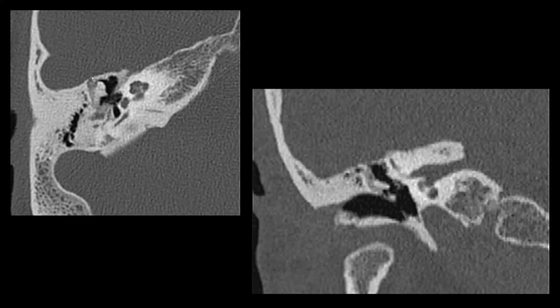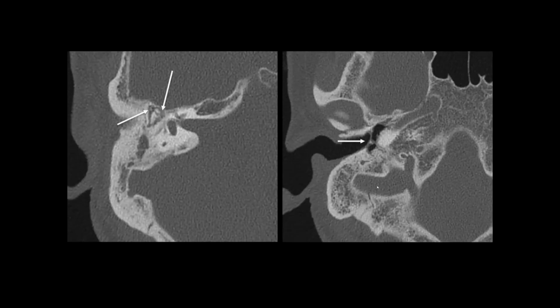And so this is consistent with tympanosclerosis, and of course, this can also cause ossicular fixation. And so here again, similarly in the coronal image, you can see the soft tissue with associated amorphous calcifications in the lateral epitympanic recess.